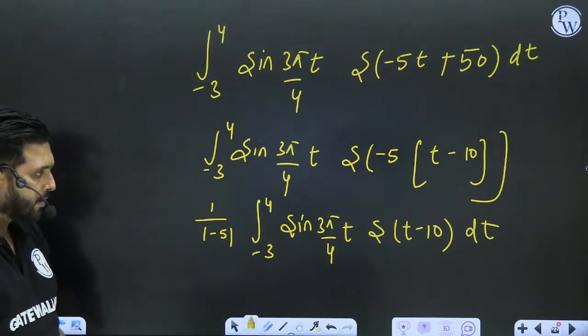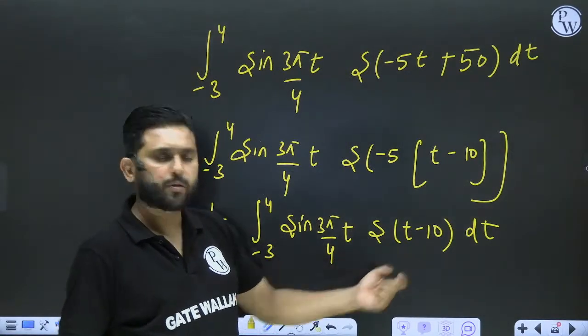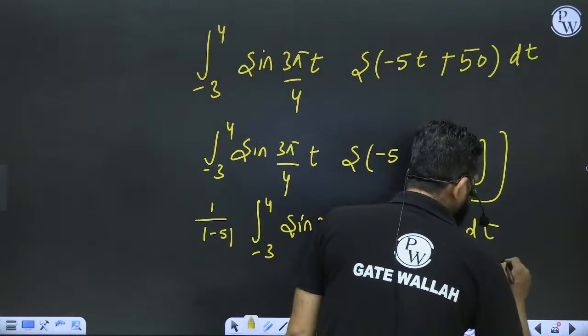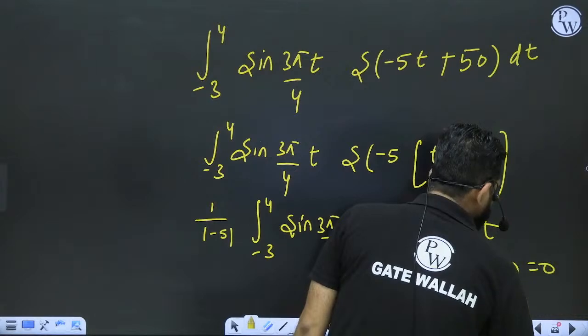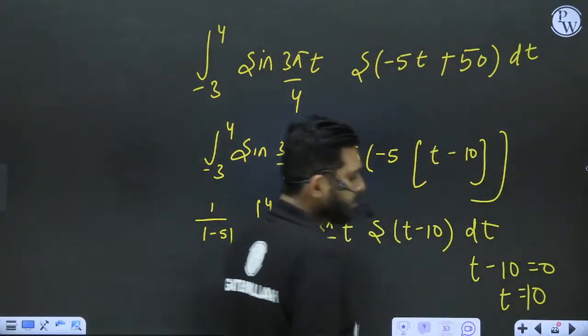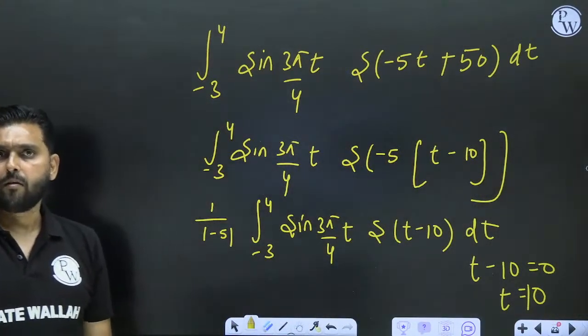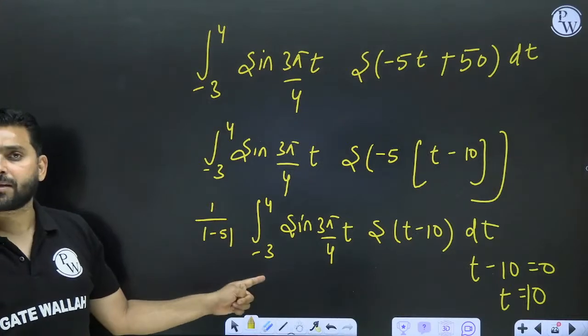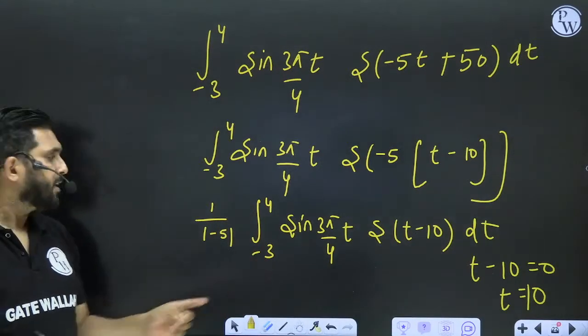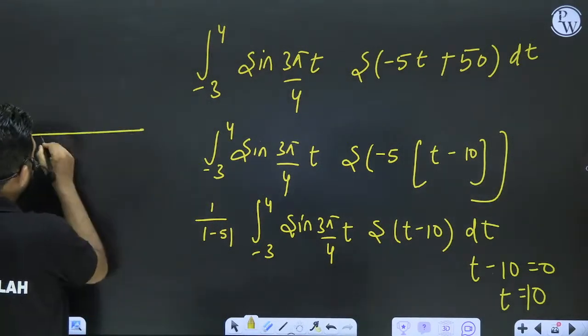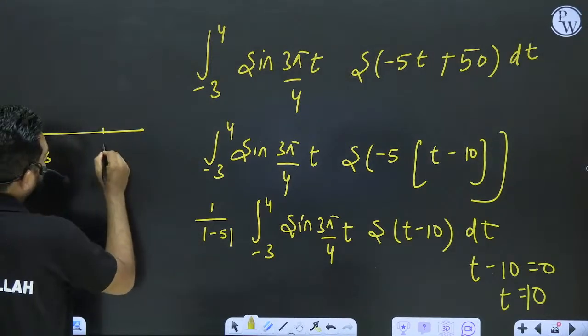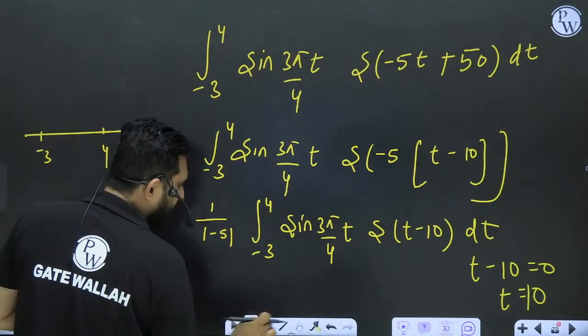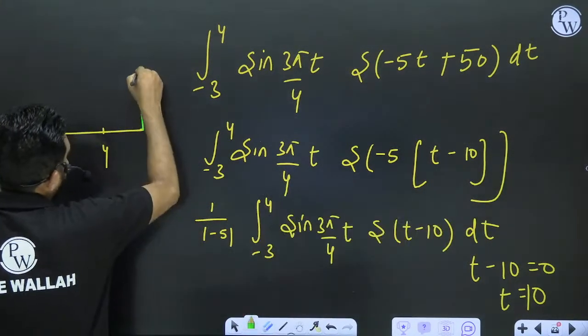Now tell me, where does the impulse exist? At t is equal to 10. See, where the impulse exists, t minus 10 should be equal to 0. t is equal to 10 is the impulse. My question to you is, will it lie under this limit? Is it lying under this limit? The limit is from minus 3 to 4, but your impulse exists at this point.